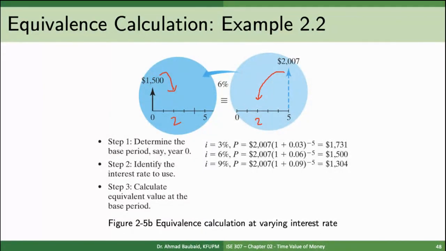That's generally the way we're going to go about things, but you can pick any time period in between and move everything to that time period in order to make your comparison. The result is going to be the same. Remember, because all of these are just equivalent things. You're just moving things back and forth, but in each step, the value of the amount is going to be equivalent because of the formulas that we have.